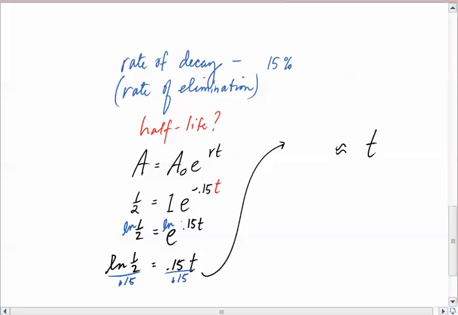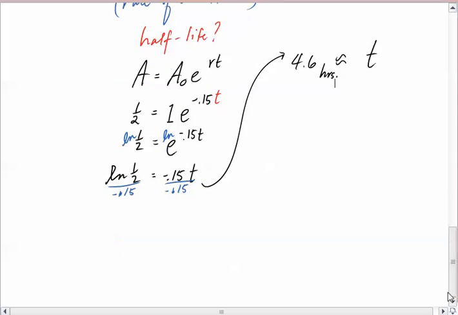That's because it's being eliminated out of the bloodstream. So that's going to be a negative there, and that gives me an approximate half-life of about 4.6. So about 4.6 hours is the half-life of that substance.